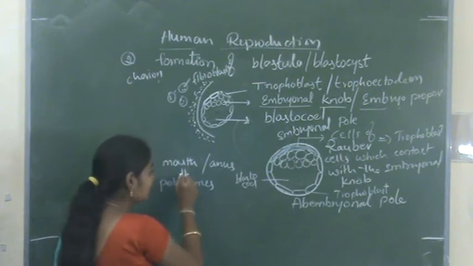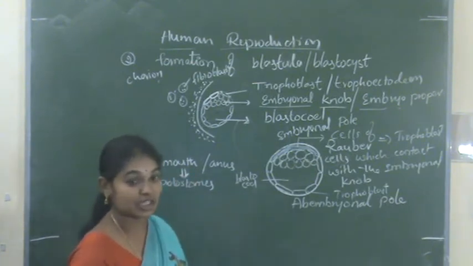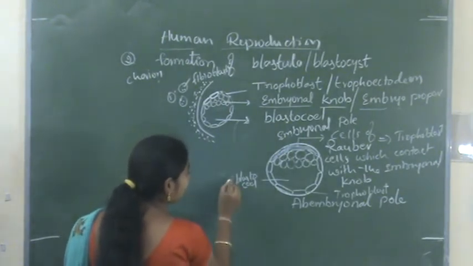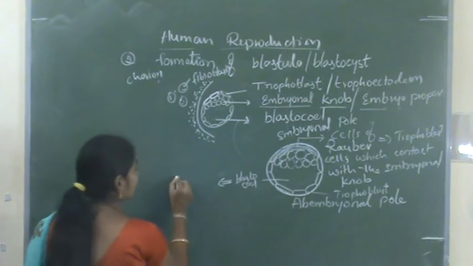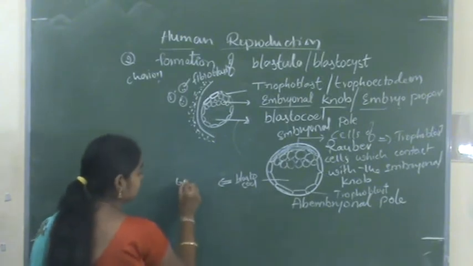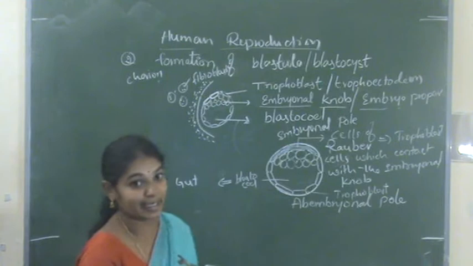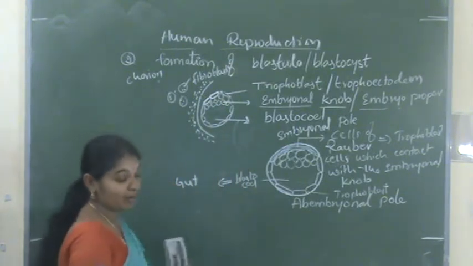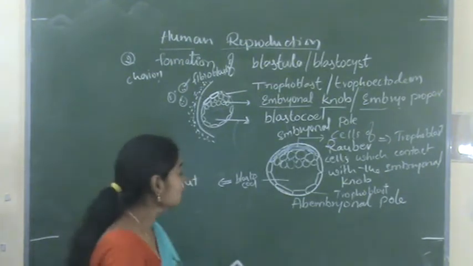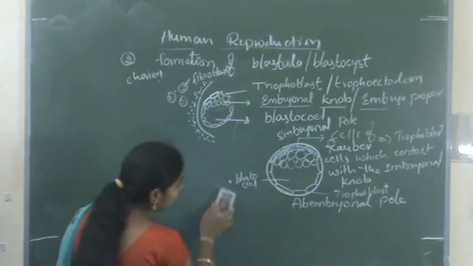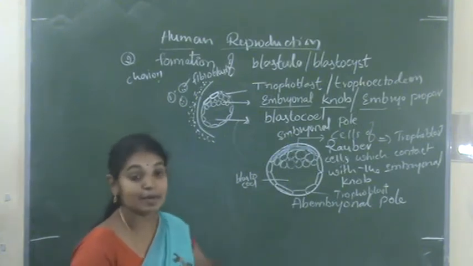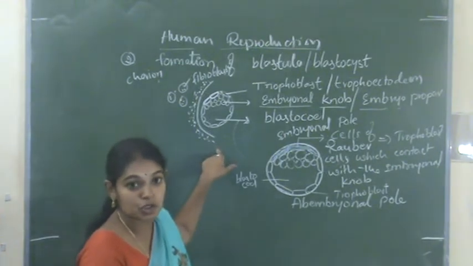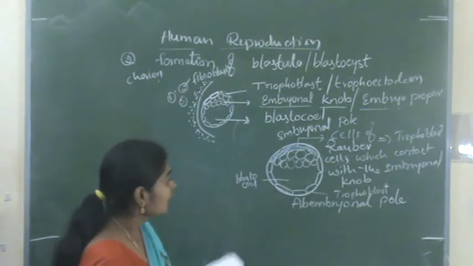The entire alimentary canal is formed from the blastocoel, and the blastopore is formed in the later structures, and from that the mouth or anus is formed. On the basis of that, animals are categorized as either protostomes or deuterostomes.